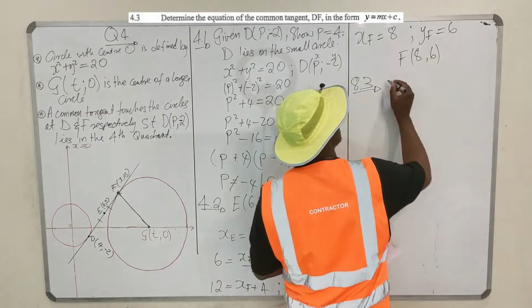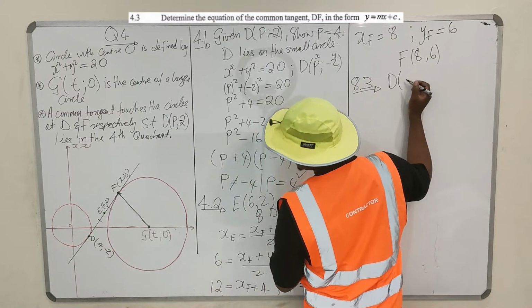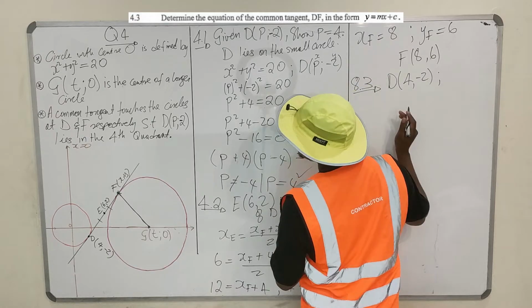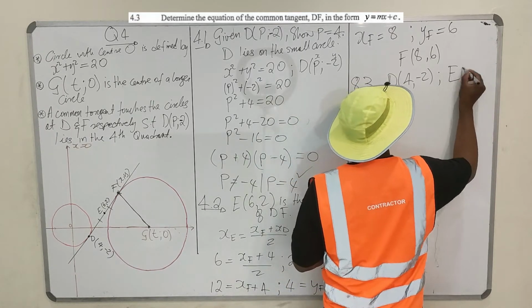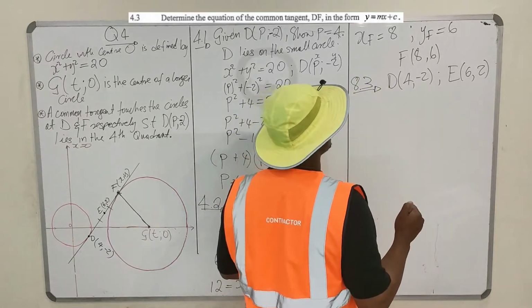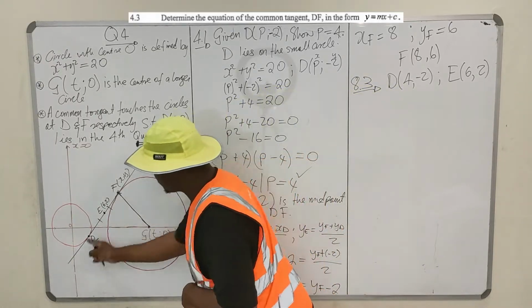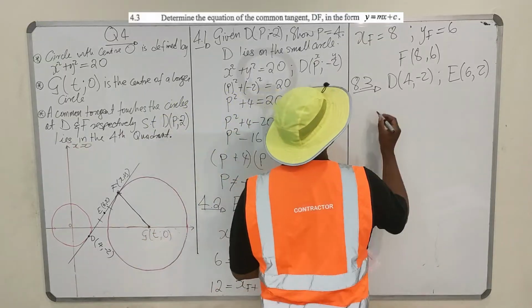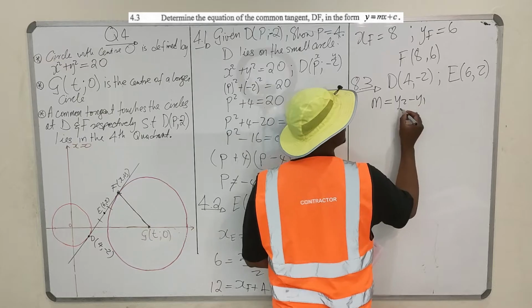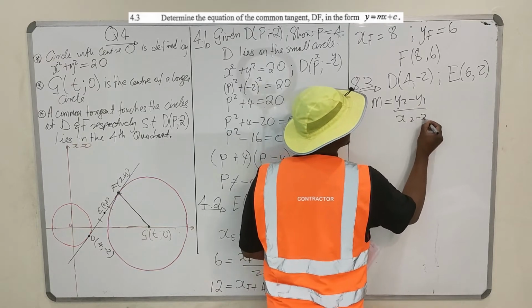So the coordinates of D are 4 and minus 2, which were given. And the coordinates of E were 6 and 2, and they were also given. So we'll find the gradient first of this line between these 2 points. So m is equal to y2 minus y1 over x2 minus x1.